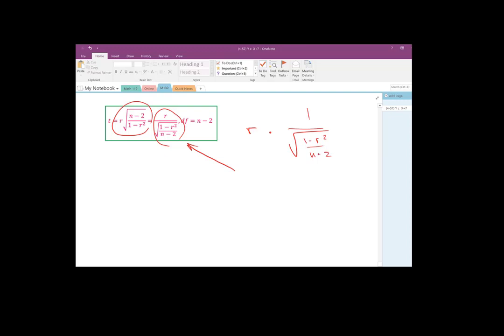This is the reciprocal, if you will. 1 over anything is the reciprocal of that. And this part itself is the same as the square root of n minus 2 over 1 minus r squared.